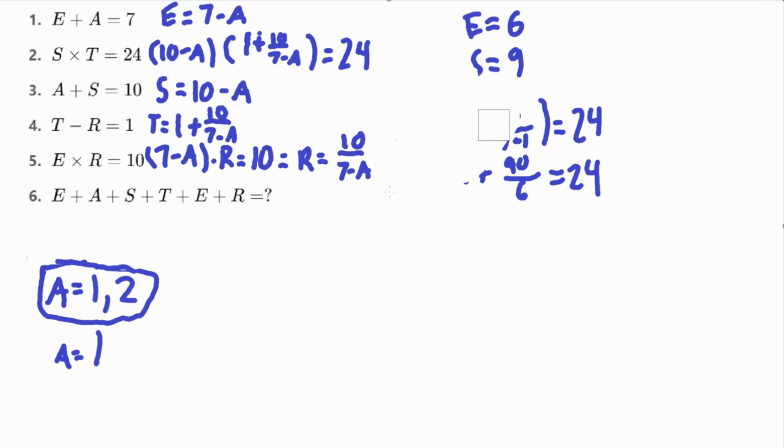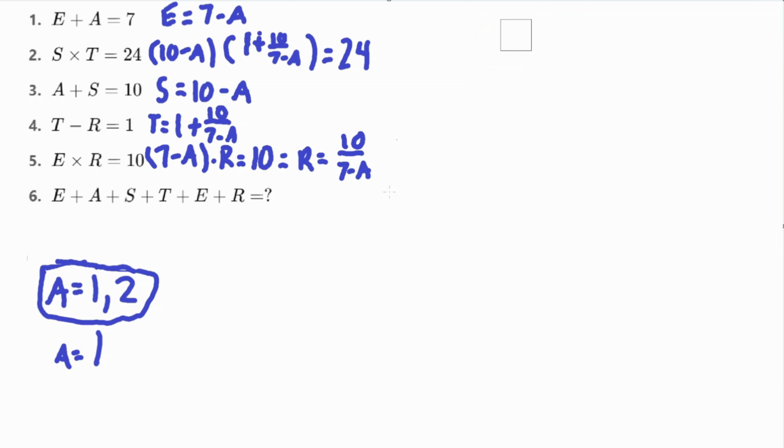So let's go ahead and use 2, okay? This 1 will still give us a real answer, but it will not give us integers. So a is equal to 2. Then we plug in 2 for a, so e is equal to 5. And then s is equal to 8, and we plug in to find t, so t is equal to 1 plus 10 over 7 minus a, which is 2.